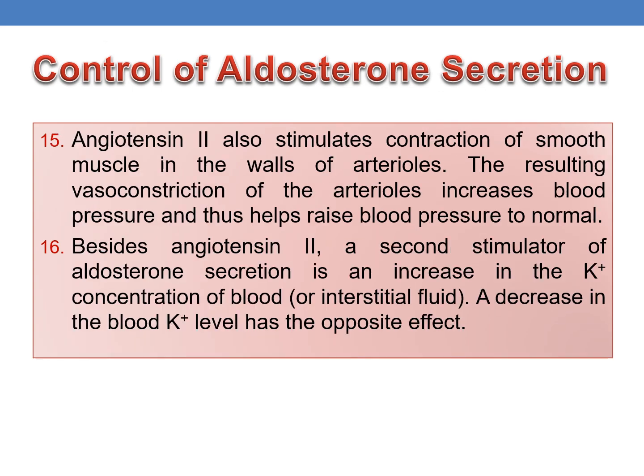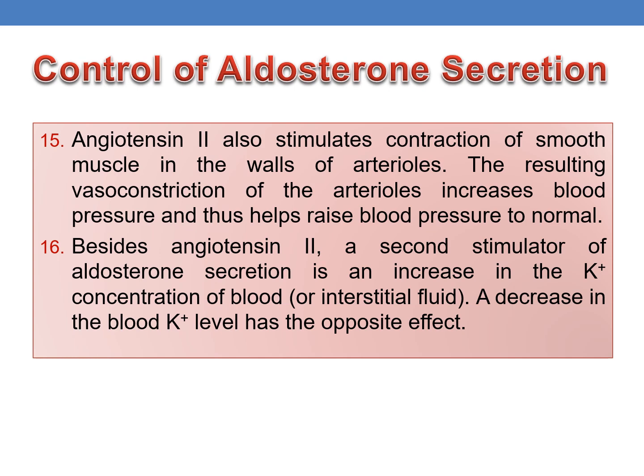Now, other actions of angiotensin 2: this angiotensin 2 also stimulates contraction of smooth muscle in the walls of arterioles, resulting in the vasoconstriction of the arterioles. It increases the blood pressure and helps regulate the blood pressure to normal. Besides angiotensin 2, a second stimulator of aldosterone synthesis is an increase in the potassium concentration of blood.